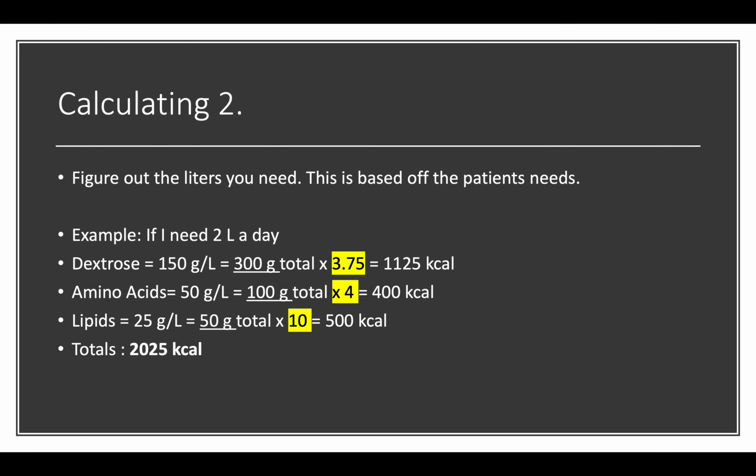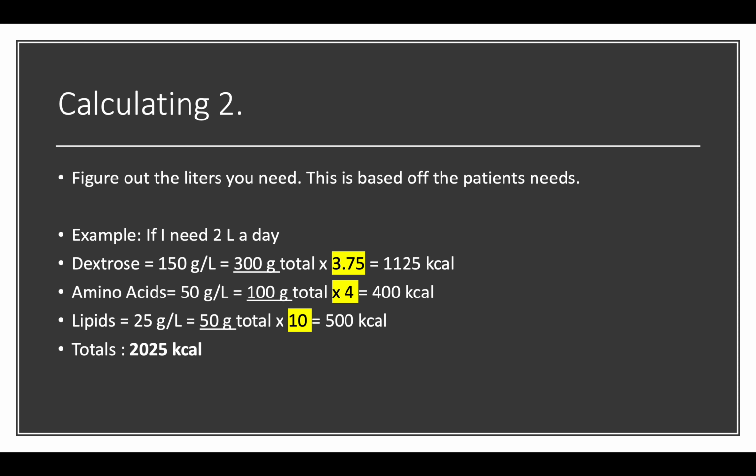So this is just going to give you an example real quick of how we calculate TPN, or at least this is how I understand it and how I can best teach you how to do it. We'll get into how we figure out the rate later, but I'm just going to show you real quick how we calculate it out. The first thing you need to know is how many liters you need, because we're basing all of our calculations off liters.